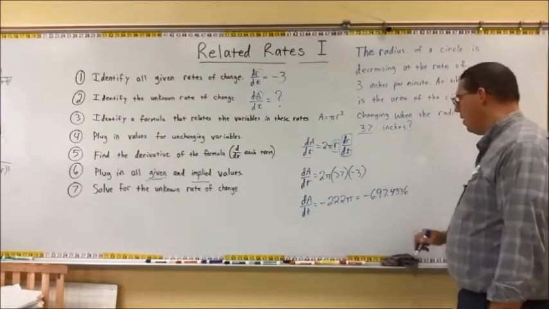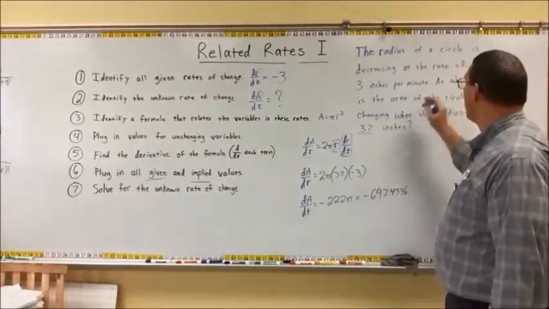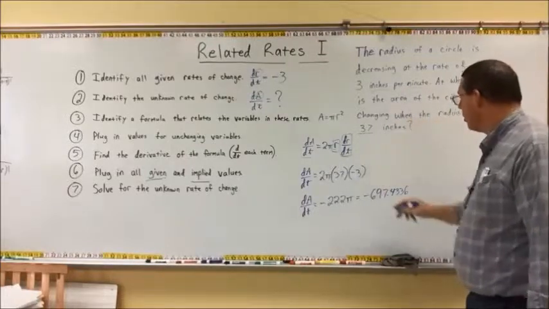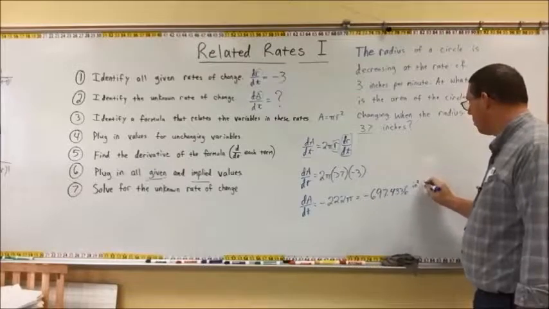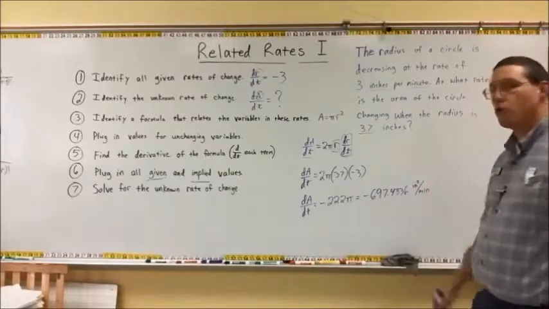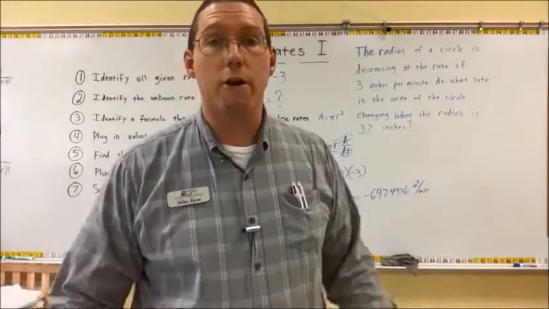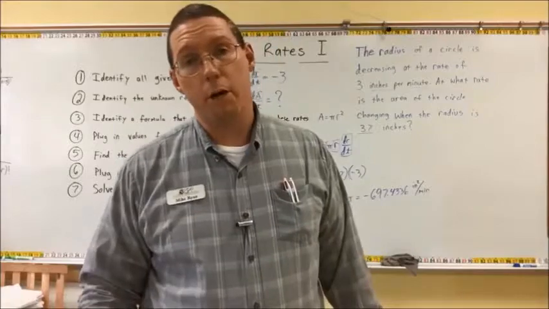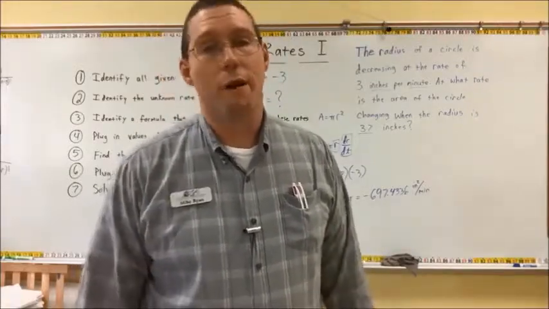Now, this is area, and so the units are not inches. We're not going to say inches per minute. We're going to say inches squared, or square inches per minute. And the reason is because area is always a squared unit: square feet, square inches, square kilometers, square millimeters, square meters, whatever it is.